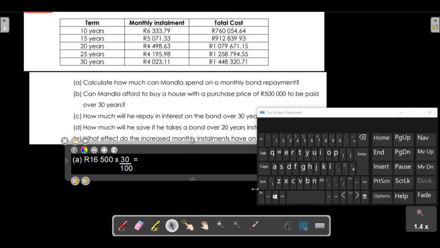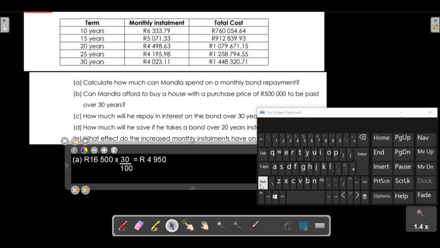That means he can spend, multiplying by 16,500, a total amount of 4,950 rands. That's the maximum amount that he can spend, because the law says so.